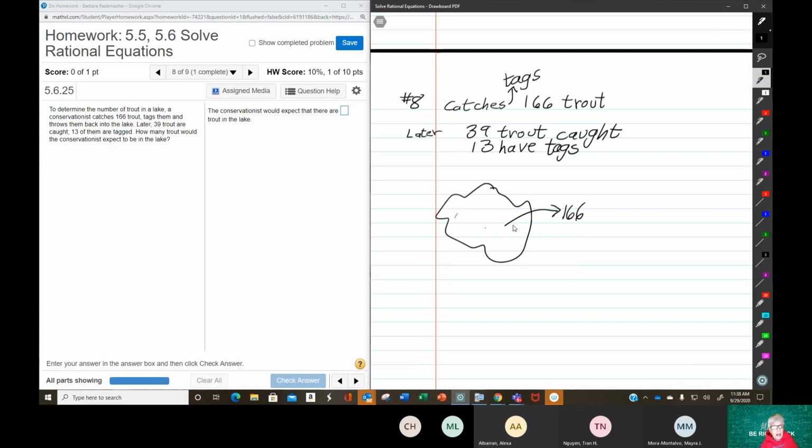How many are in the lake? I don't know. There are X fish. If I don't know how many fish, there are X fish. Sounds like the sequel to X-Men, X fish. All right. So I could set this up in the following way.